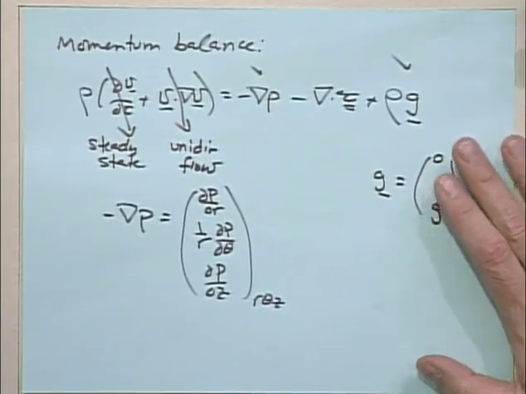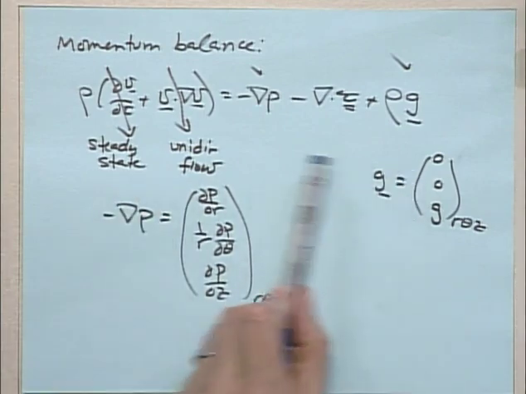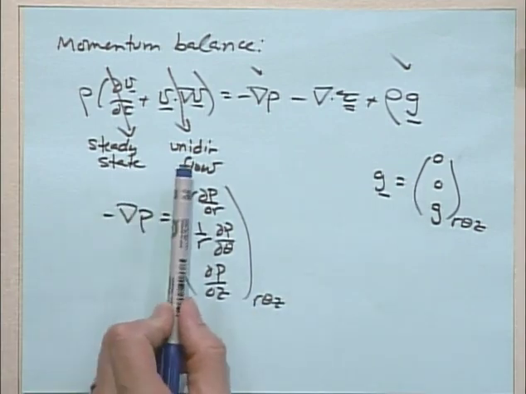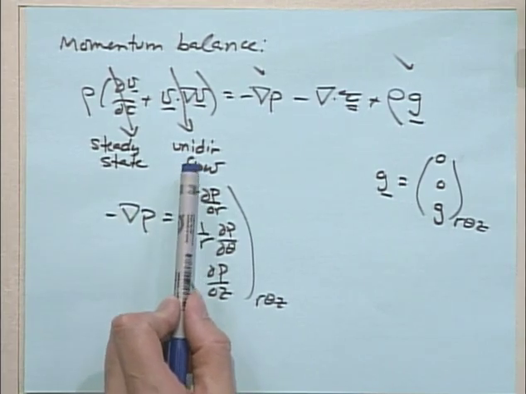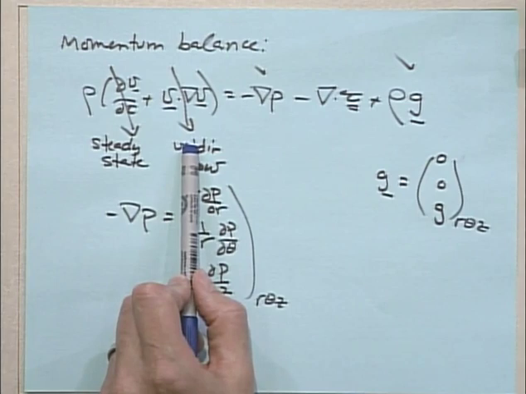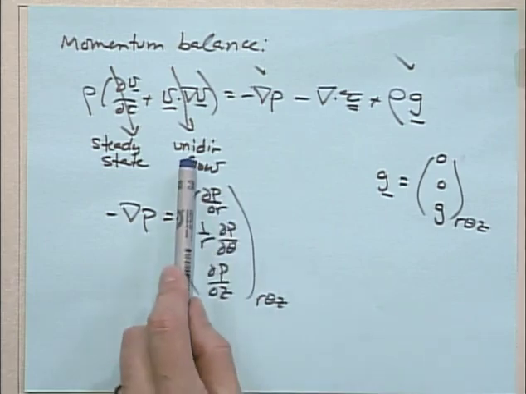So here's the momentum balance in vector tensor form in Gibbs notation. And in the momentum balance, we can eliminate several terms right from the top. Steady state flow, unidirectional flow. If we're uncertain about this unidirectional flow, you can also get the tables and eliminate Vr, v theta, and dvz dz.